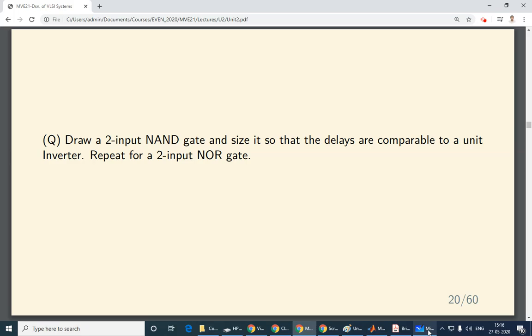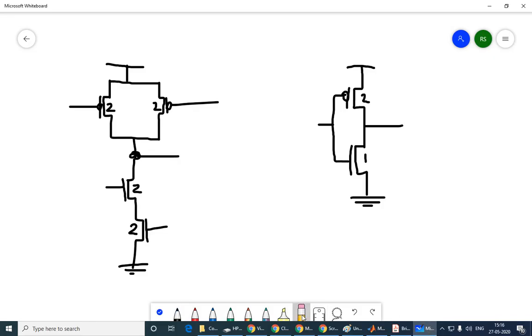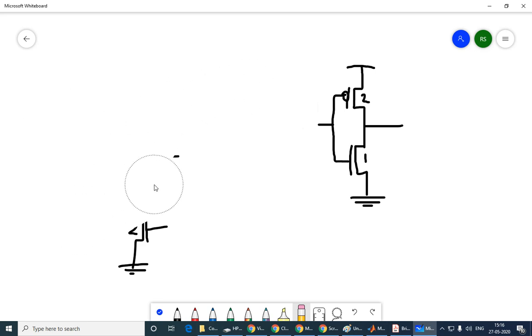Now let us repeat for a 2-input NOR gate. Okay, so we'll remove this part and we need a NOR gate this time.